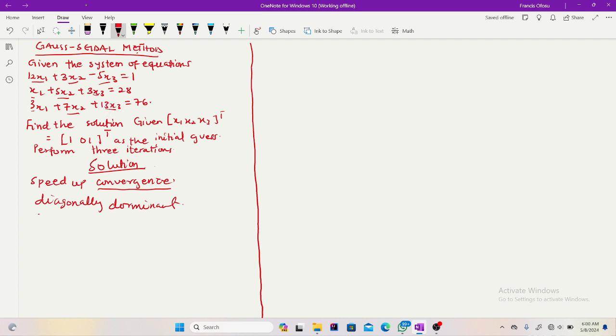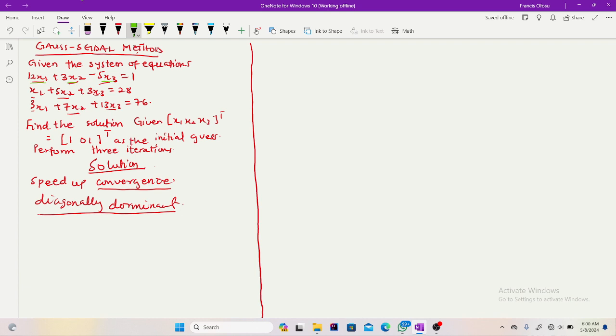So diagonally dominant says that for every row, the variable you're making the subject should be the one with the highest magnitude in that row. The reason I was comparing columns is that the column guides us to this one, which has the highest coefficient. Among all the others, this is 12, this is 3, this is 5.